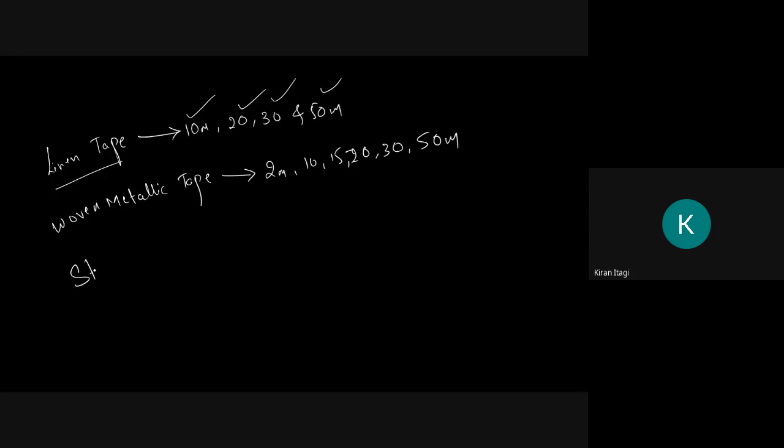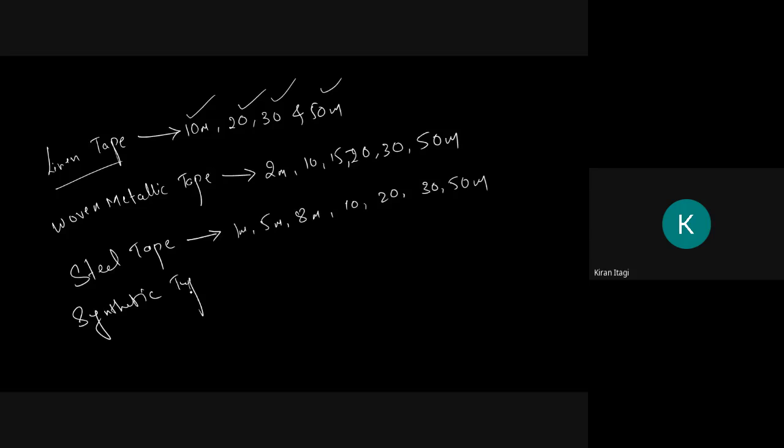Okay. Steel tape you will have in 1 meter, 5 meter, 8 meter, 10, 20, 30, and 50 meter. Okay. Synthetic tape you will get in 5 meter, 10 meter, 20, 30, and 50.